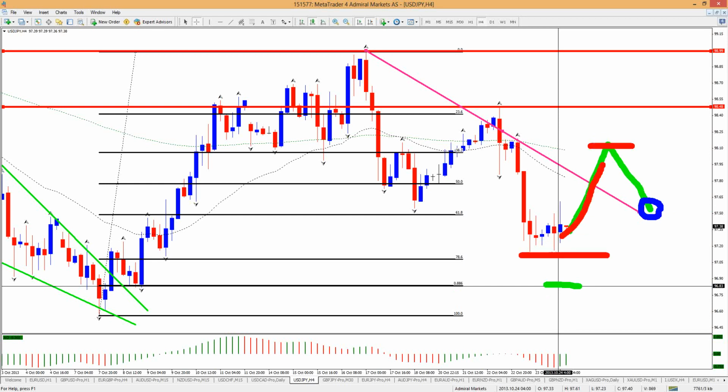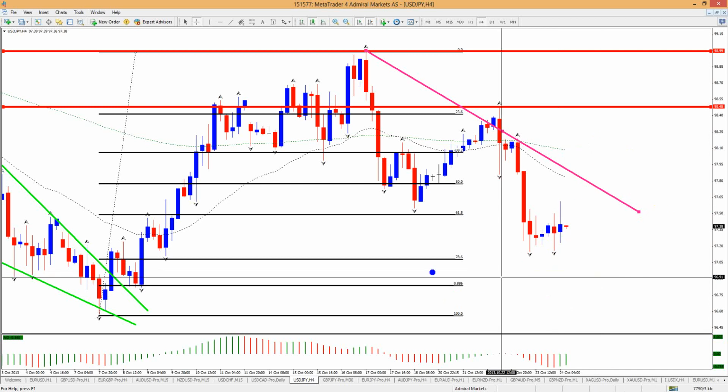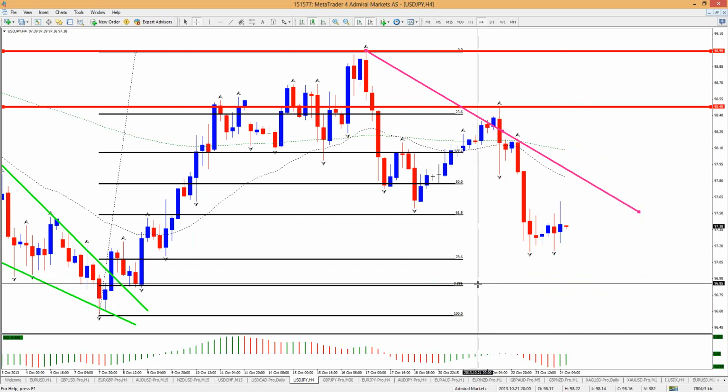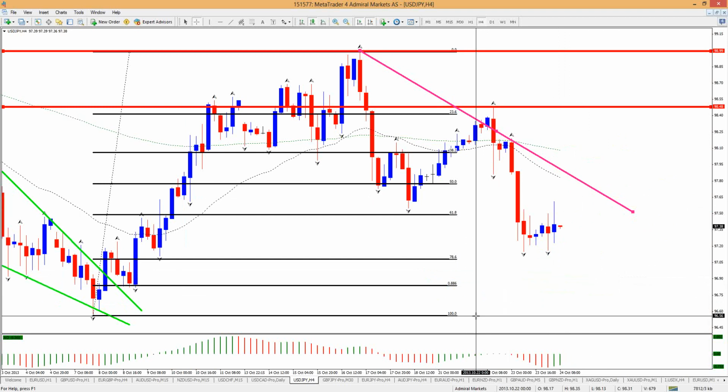We have to wait for the break before we can place the pending order for after the break. That's maybe logical to some of you, but I just wanted to emphasize why at the moment we can only place an entry order at the 886 fib and not at this bounce, because we need it to break first. Then we know where we can put it. So I'll put an entry order at 96.88, I think, yes, and stop loss at 96.53.